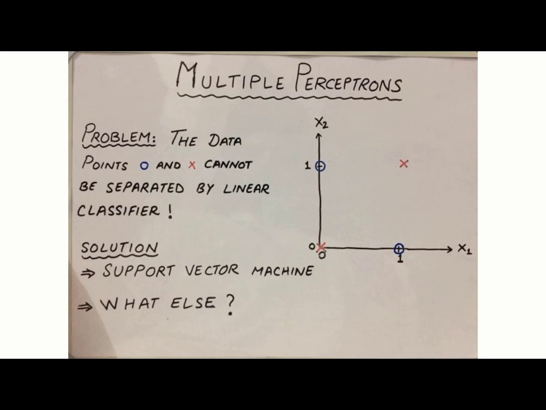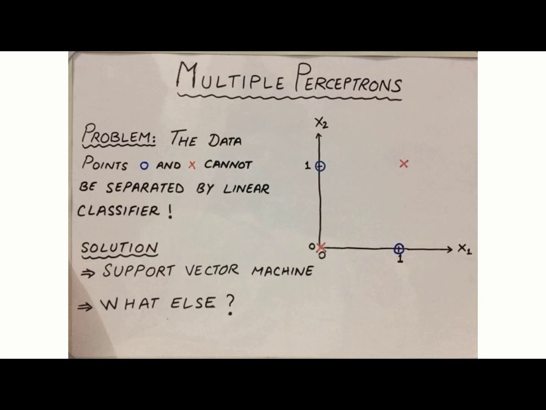Alright, so we're going to start with an example problem. We are given 4 data points and 2 of them have one label, which is this blue circle. The other 2 have a different label, which is basically this red cross.